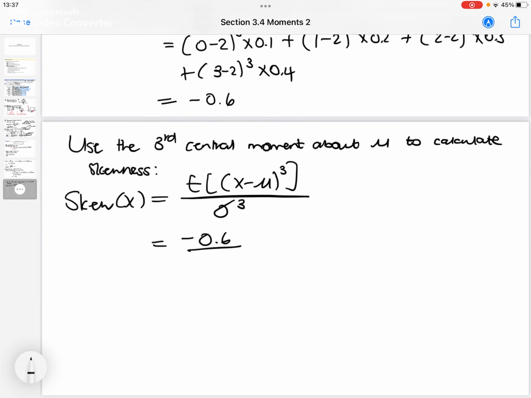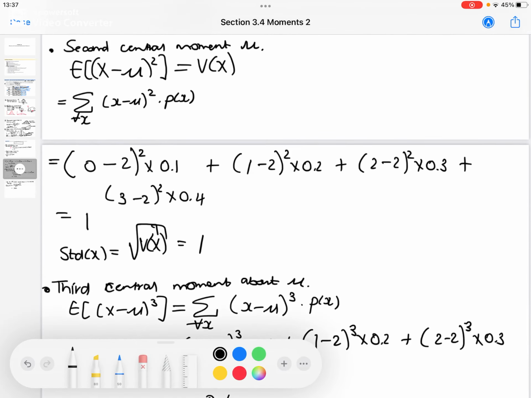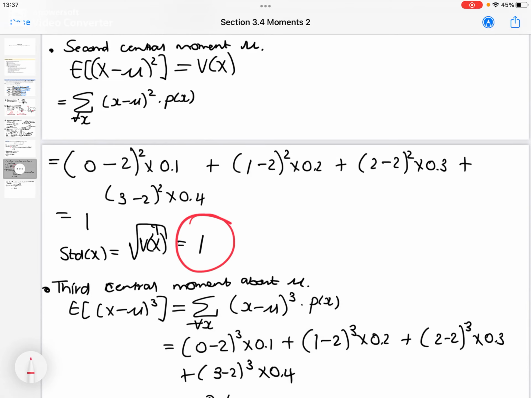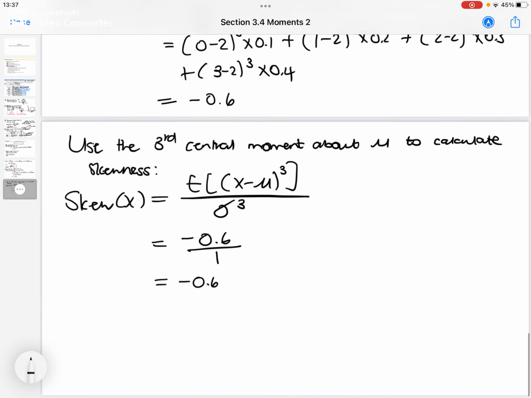And so this is equal to negative 0.6 divided by the standard deviation to the power 3. We said here that the standard deviation is equal to 1, right? So now we can substitute it into our equation. Skewness is equal to negative 0.6 divided by 1, and so it's equal to negative 0.6.